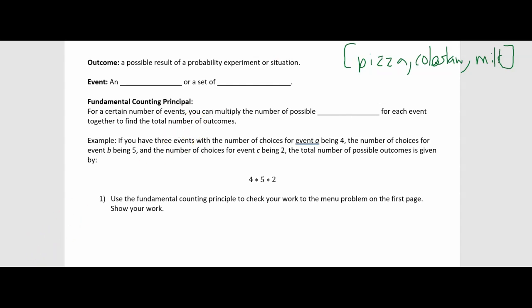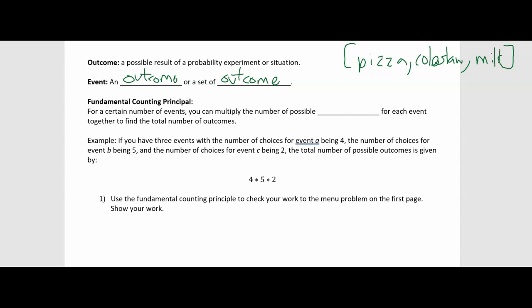An event is an outcome or set of outcomes. And an event is something that you may be asked to find the probability of. So in our previous example, you may be asked to find the probability of someone including pizza as their entree if they randomly picked an entree from the list of 3.